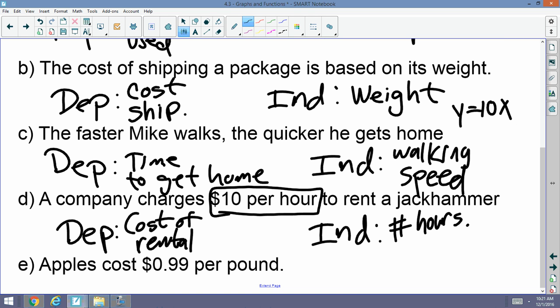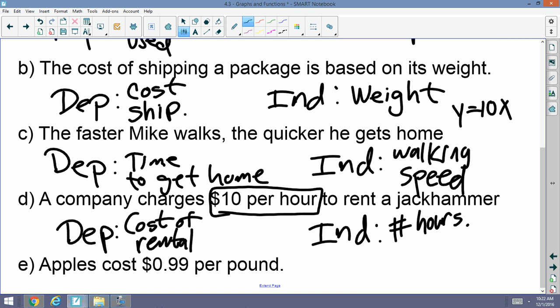But that's the point. We don't know how many hours. That's why it's independent. Because I can choose to rent it for 0 hours, or I can literally choose to rent it for 1,000 hours. We're trying to figure out who's dependent and who's independent.